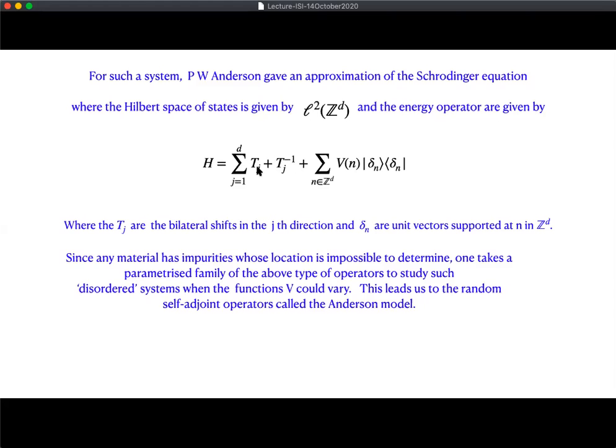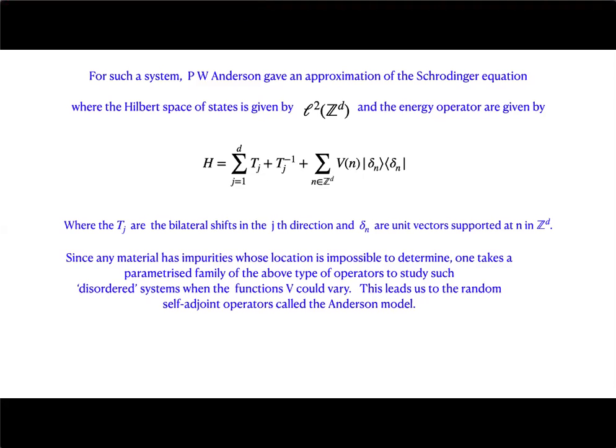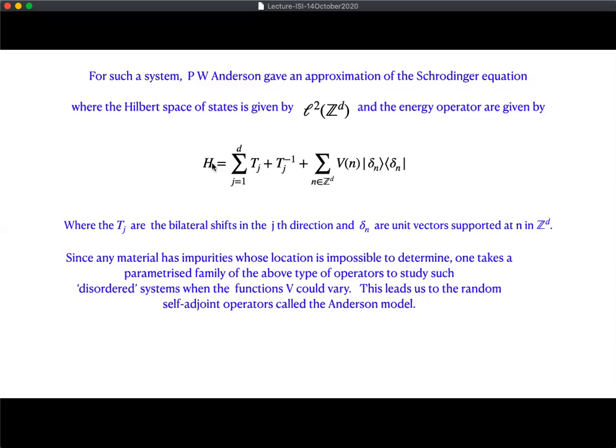If you look at it as a matrix in one dimension, it is a matrix with ones on the super and subdiagonals and 0 everywhere else. So in one dimension, this Hamiltonian is a tri-diagonal matrix with real diagonal entries and sub and super diagonals equal to 1. That is the energy operator that Anderson proposed for one dimension.